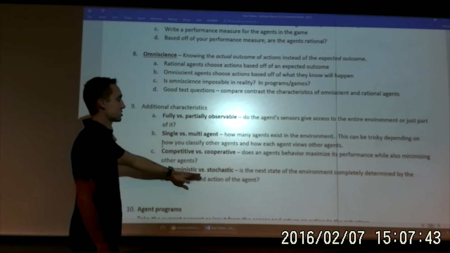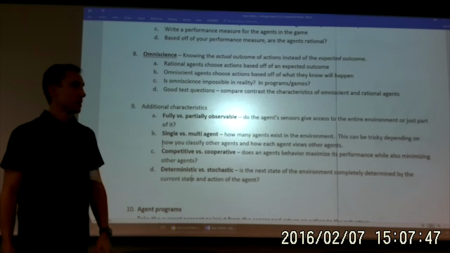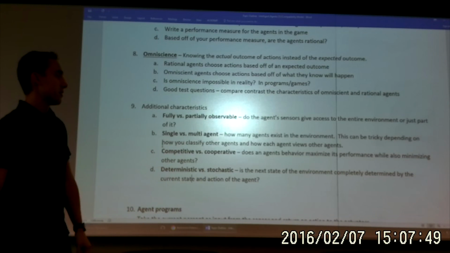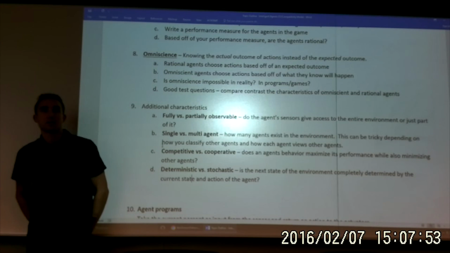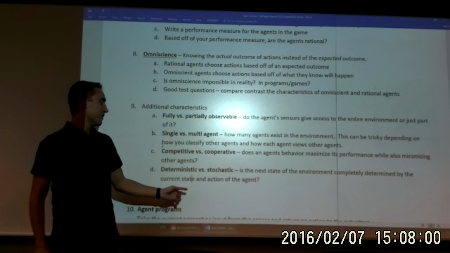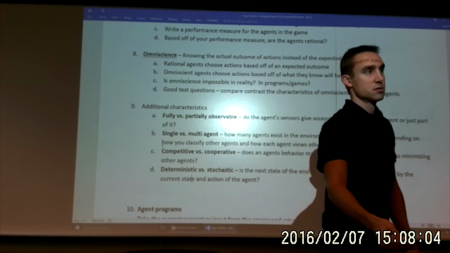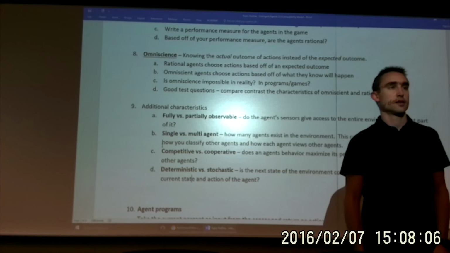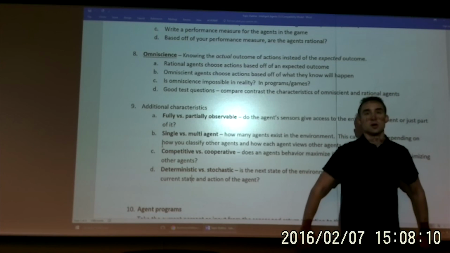Deterministic versus stochastic. Is the next state of the environment completely determined by the current state and action of the agent? If it is, then it's deterministic. So in a deterministic environment, given a state, given a snapshot, and given an action, I can predict the next state. This kind of goes back to omniscience.